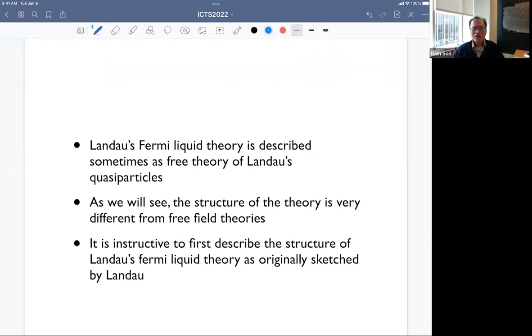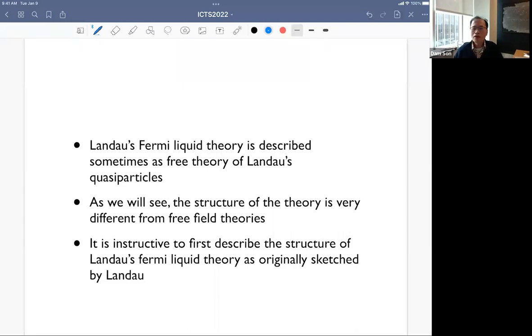Now, we have mentioned that Landau's Fermi liquid theory is sometimes described as a free theory, a theory of free quasi-particles. On the other hand, one should notice that the structure of the theory is very different from usual free field theories, like the free scalar field theory or the free fermionic Dirac field theory.